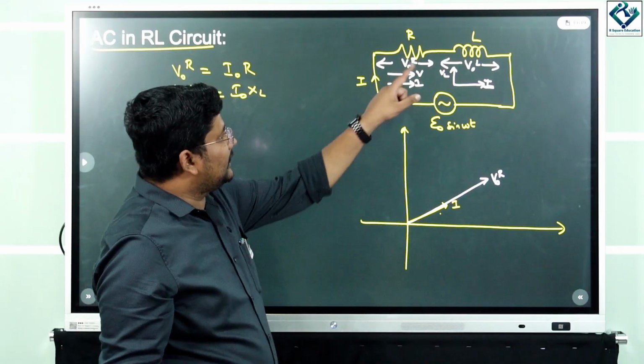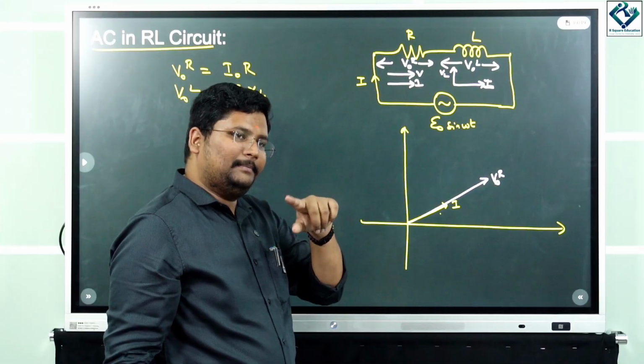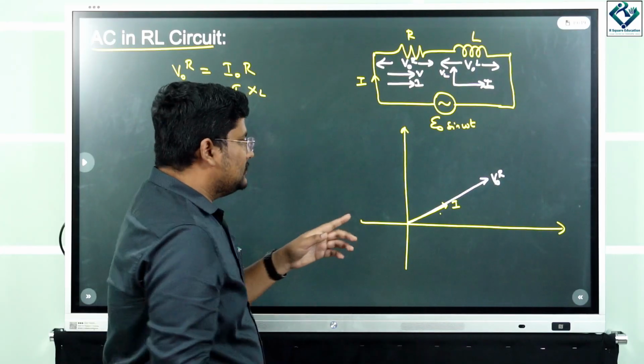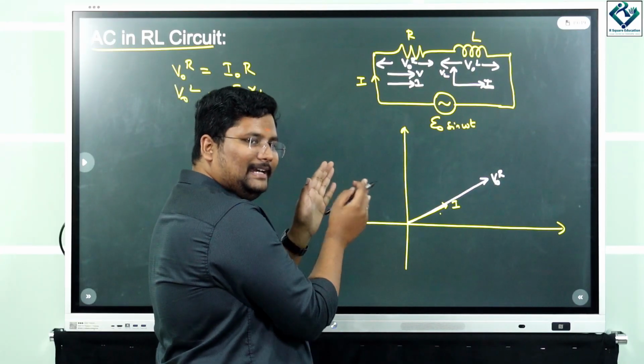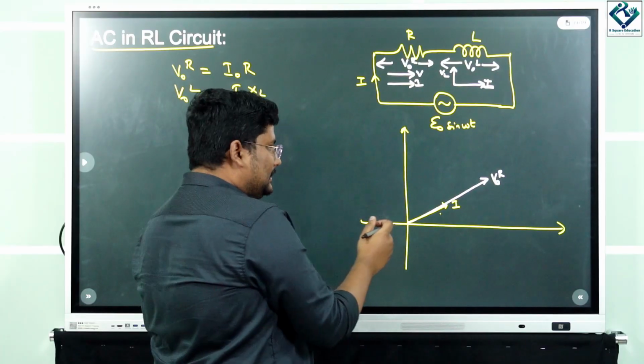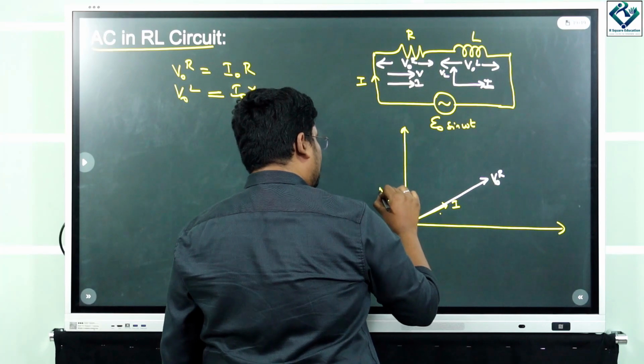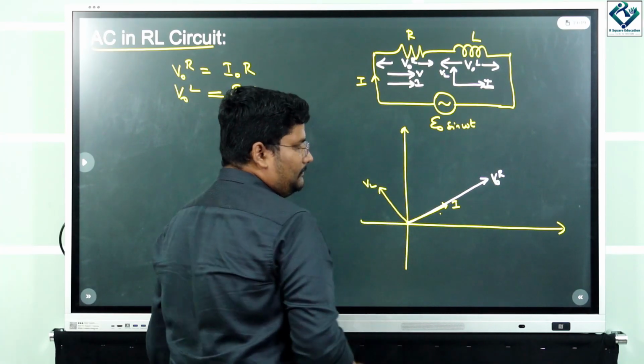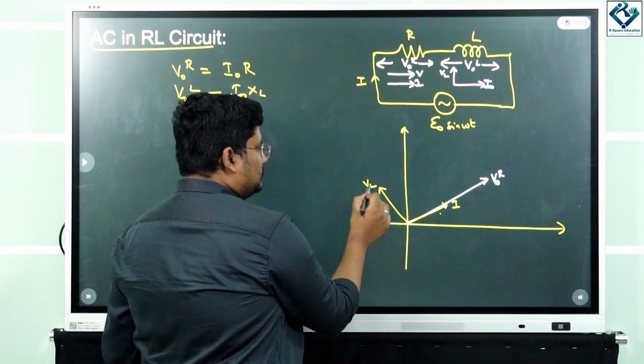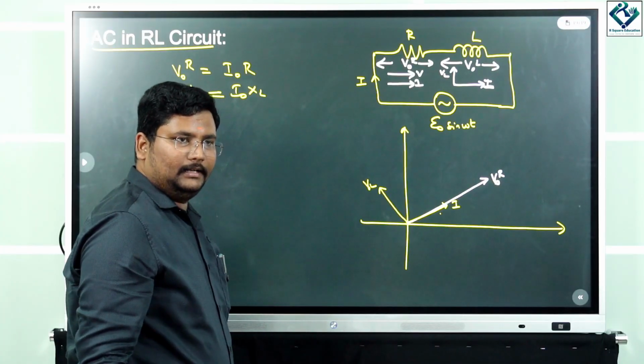For the inductor, the current will lag by 90 degrees, which means the voltage across the inductor will lead by 90 degrees. So if this is I, this is VL, which is exactly V naught L.